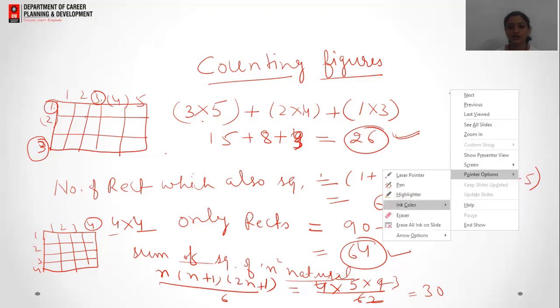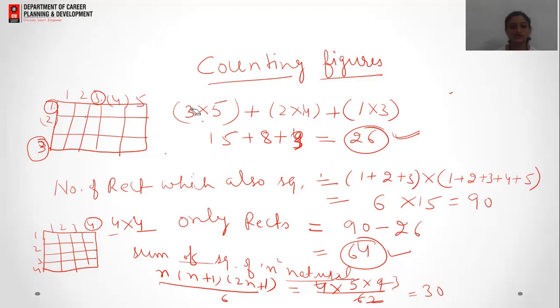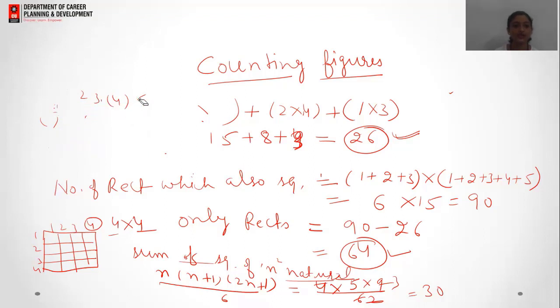Now we will do the concepts related to the number of triangles. How can we find out the total number of triangles in the given figure? There are different approaches to find the number of triangles, because different figures and different images will be given to us.